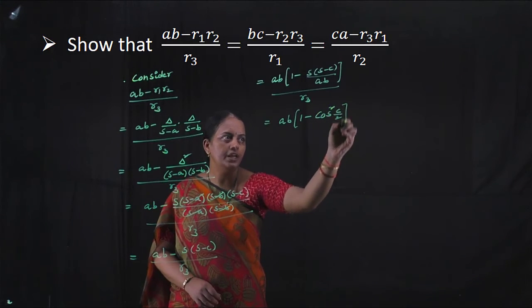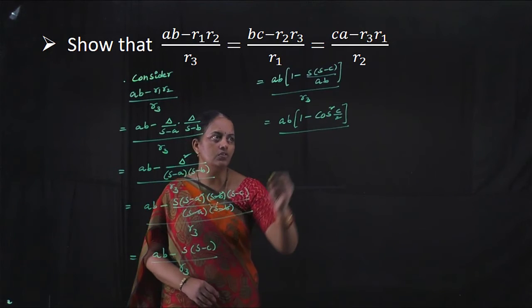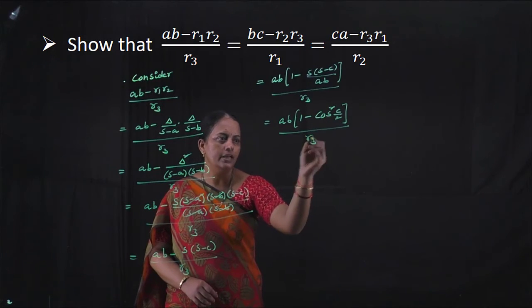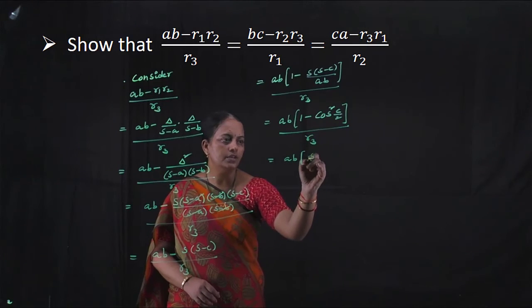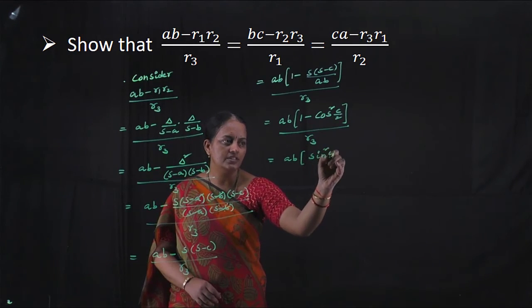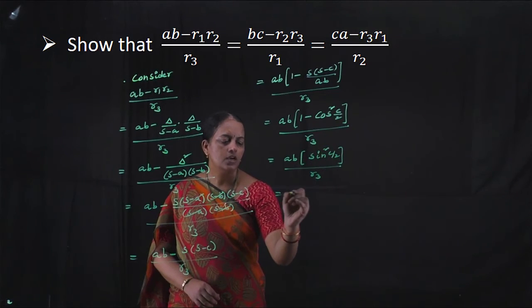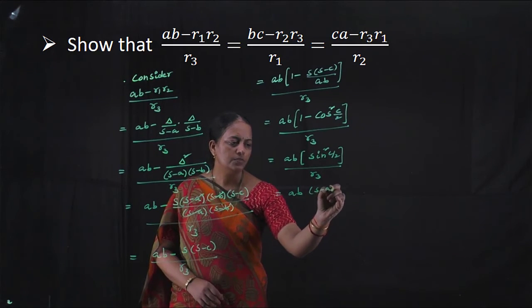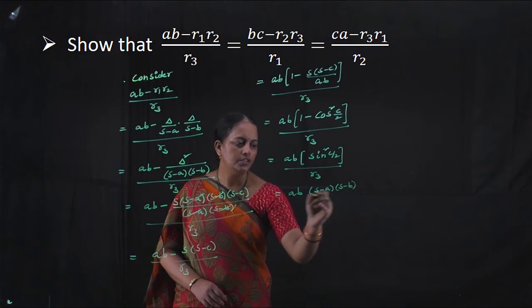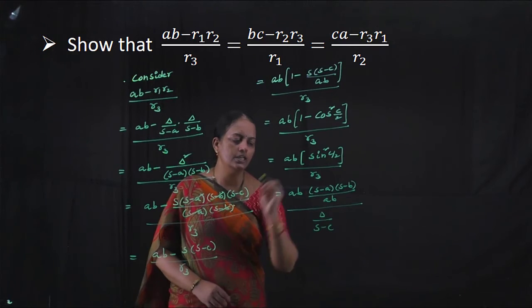From half angle formulas, we get S into S minus C by AB equal to cos square C by 2. This is equal to AB into 1 minus cos square C by 2, that is sin square C by 2, by R3, which is equal to AB into sin square C by 2, that is S minus A into S minus B by AB, by R3, which means delta by S minus C.